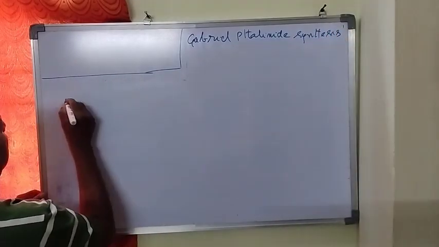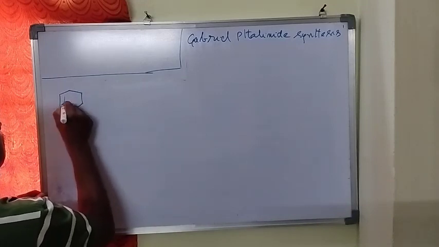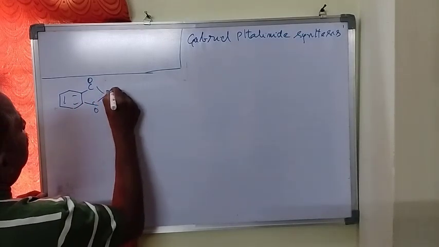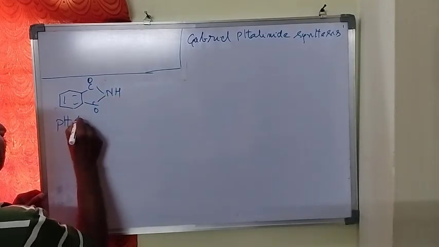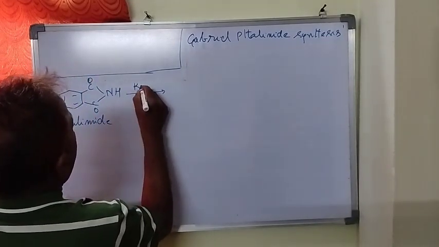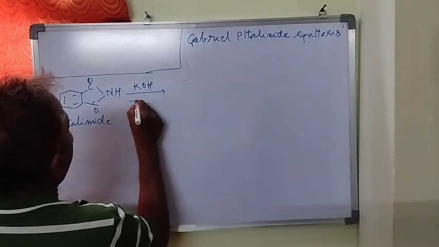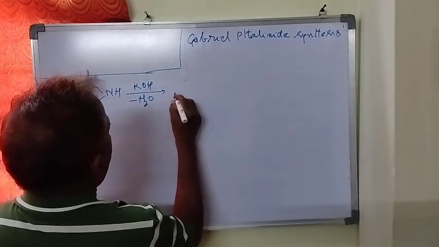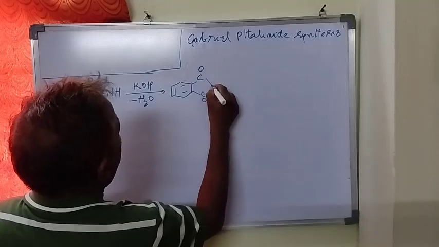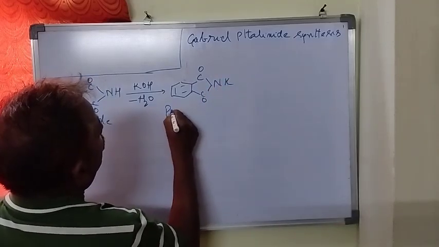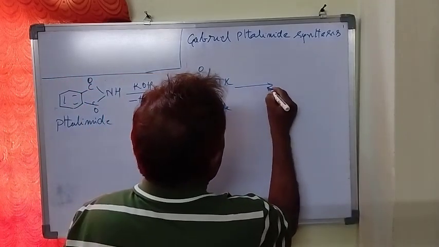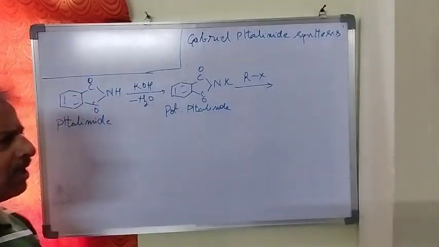So here, CO, this is phthalimide. This phthalimide is treated with potassium hydroxide, KOH, water is removed, and of course at high temperature we get CONK. This is potassium phthalimide. This potassium phthalimide is treated with RX, alkyl halide.